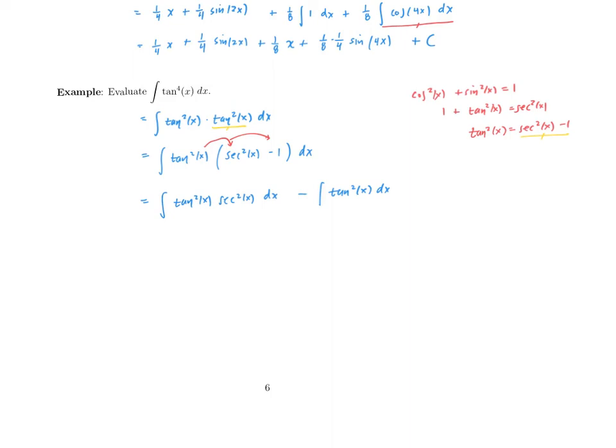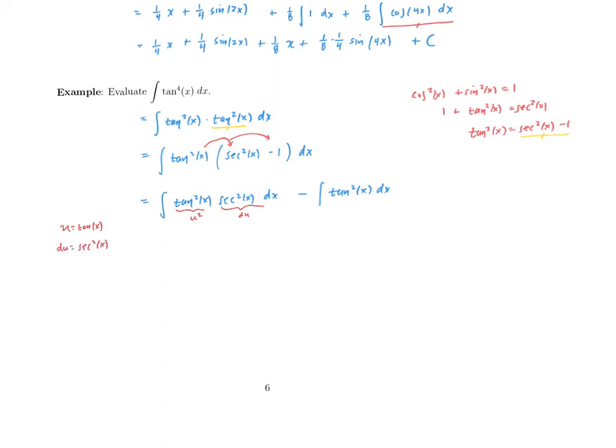So hopefully you've put a little bit of thought into this integral. If we focus in on the first part, note the derivative of tangent is secant squared. So if we go ahead and we let u be equal to tangent, and this is for the first integral, we would have u squared du.